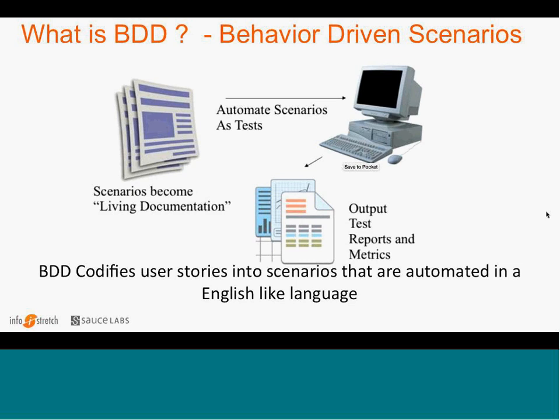User stories and user scenarios can be written by a product owner, by a development team, as well as by QA teams. So there is no dependency of test case writing on the QA team. You engage everyone, get everyone onto the team to write the user scenarios, and you can capture the test coverage as well as your test outputs within the automation scenarios.